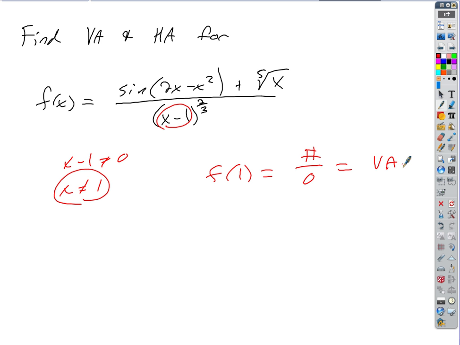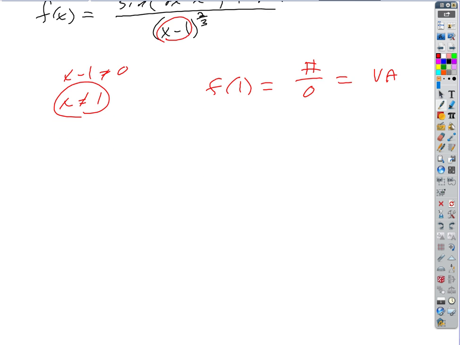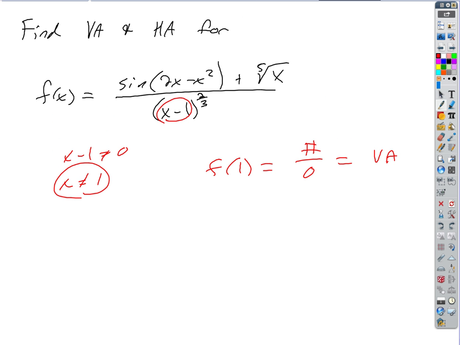Okay? What about horizontal asymptote? That's going to be where x approaches positive or negative infinity, right? We don't care about this because the sine is bounded. So that's not an issue, right? What am I left with? I'm left with an x minus 1 to the 2/3, right? And on the top, I've got a 5th root of x.